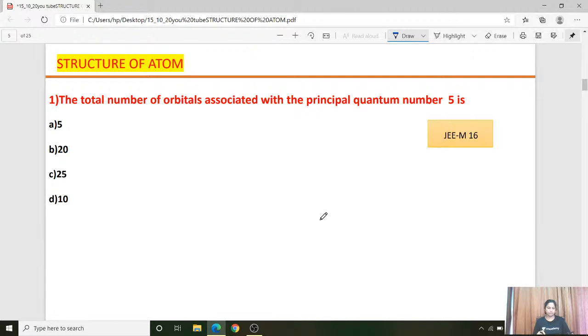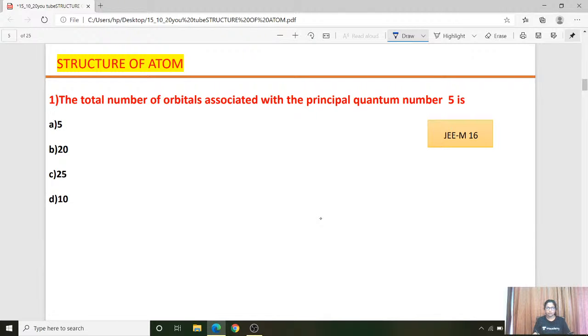Most of the questions will be easier and you can solve them without much difficulty. Whenever you get the answer, try to find it and also put it in the comment box. Okay, students, so we will start with question number 1.